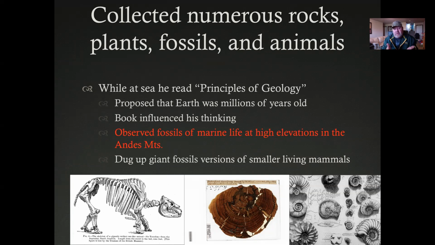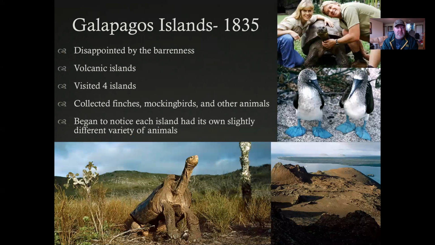We have some organisms that are relatively small, and then we see these really large ones, like the sloth. We have sloths on our planet right now. Well, there used to be giant sloths, and they dug up fossils of these giant sloths. So he's wondering what's different. I mean, they're basically the same. It's just a much larger form of the animal.